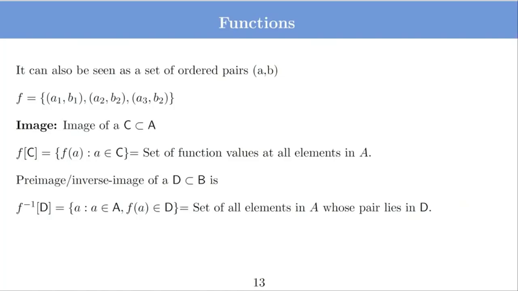If all elements of C are mapped to the same value, then it will have one element. And if they are mapped to different elements, then it may have a similar number of elements as C. So this is, in short, the set of function values at all elements in C.